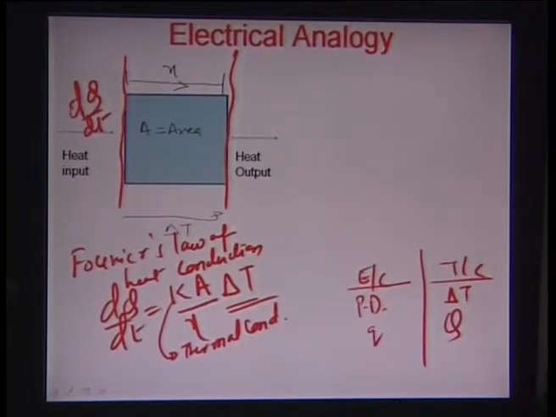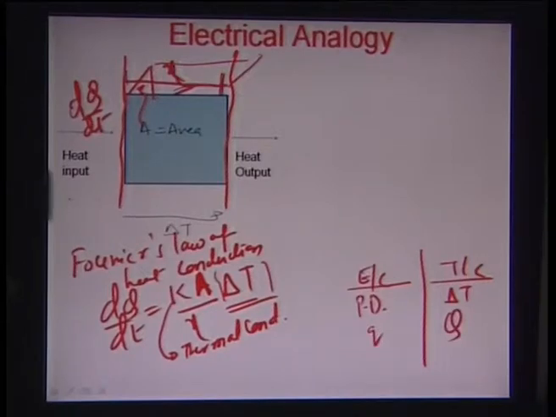And of course, A is the area of cross section perpendicular to the direction of the heat flow. If this were assumed to be a cube, the area A is really the area of this particular face. The x is essentially the distance between the two flanks of this particular mass, and delta T being the temperature difference across it.